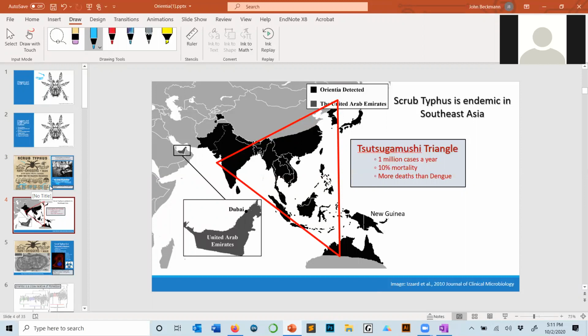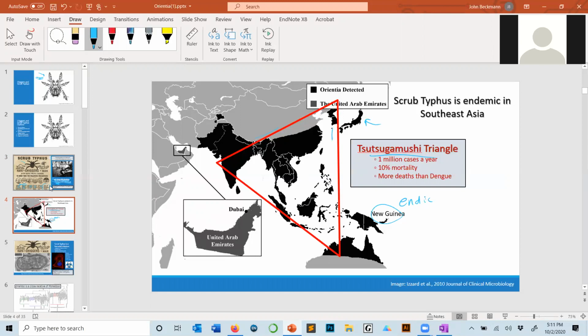This is what they call the scrub typhus triangle, the Tsutsugamushi triangle. This is the region of the world that's endemic with Orientia, with scrub typhus and the mites. Obviously it includes the South Pacific, New Guinea, and many of the regions where World War II was fought.